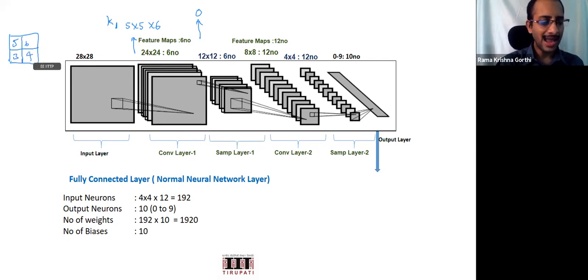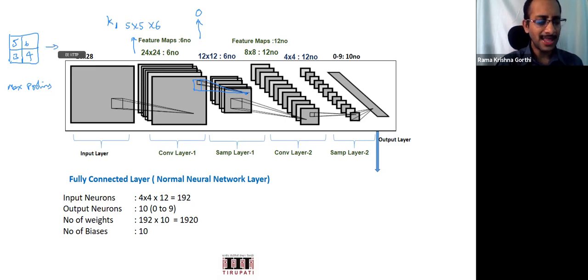Assume that these are the values in this feature map, or in this small region. Now I want to pool and put the result at this location. That is my objective. So if I use max pooling, what is the output I get in this subsequent layer?